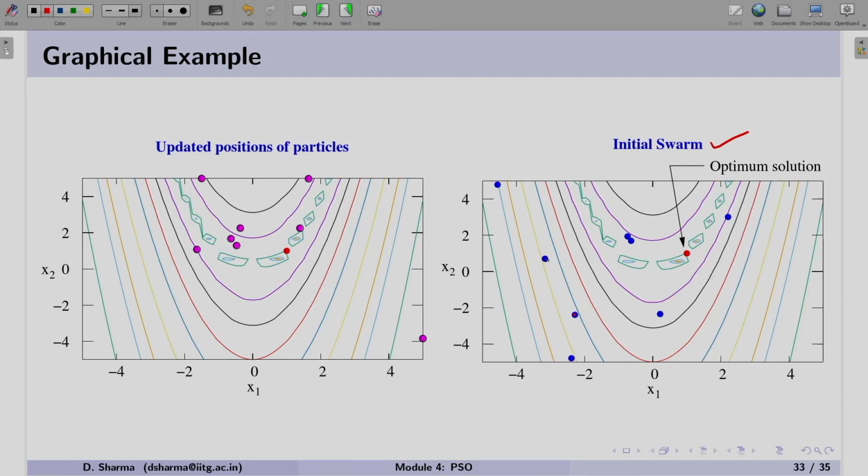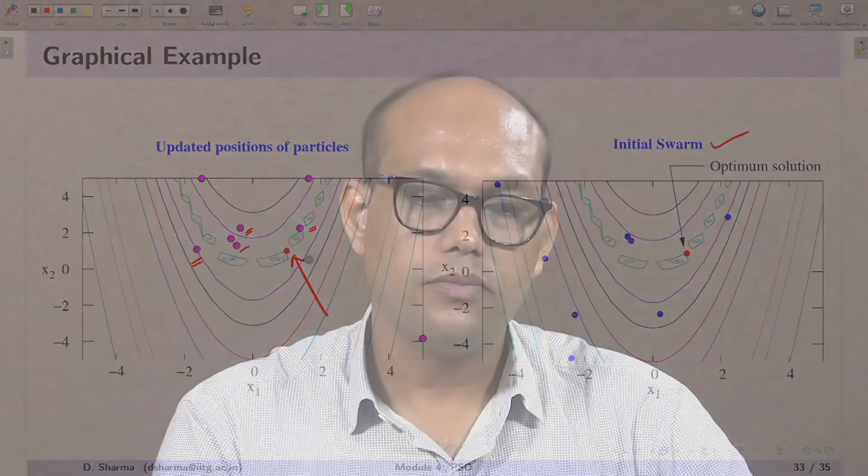After 2 generations, you can see how these pink points are moving towards the optimum solution. When we continue for further generations, the particles will locate the optimal solution for the Rosenbrock problem.